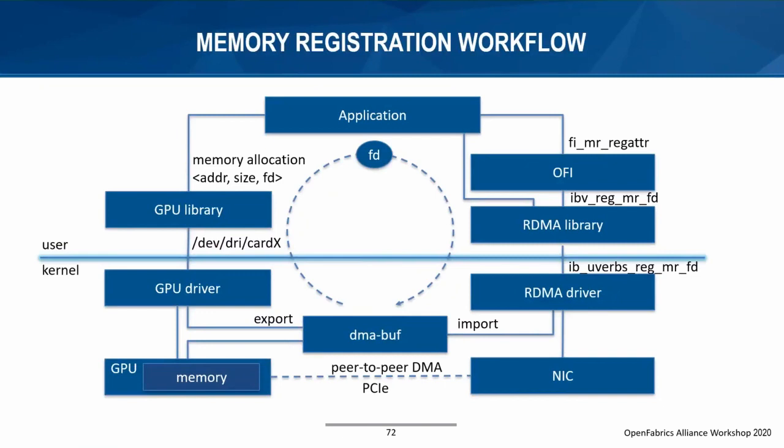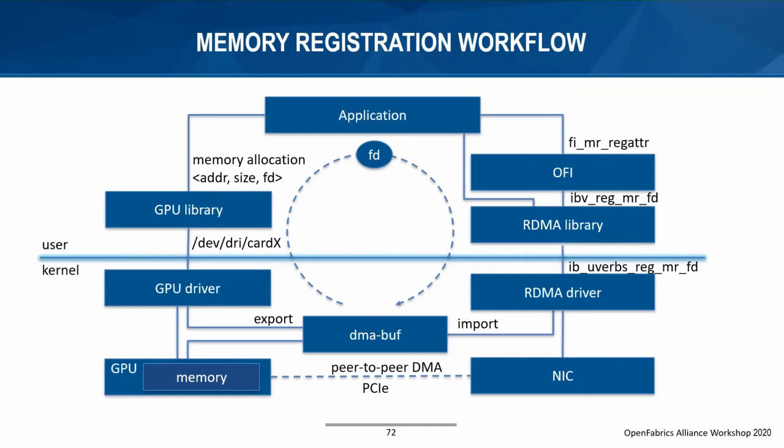Here is the flow chart of the entire path to do the memory registration. It starts with the memory allocation. The memory allocation is done by the GPU driver. When the GPU driver does the memory allocation, it will call the DMA-BUF export function to export this as a DMA-BUF object. From the user space, this is achieved through the DRM interface.